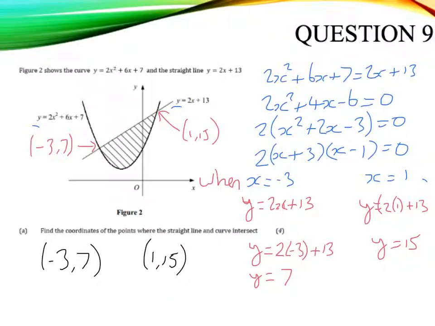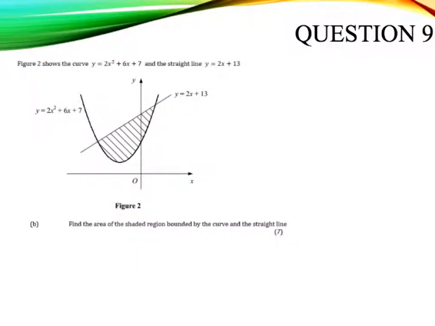When you've done the work, it's always worth looking back on the picture just to see if it makes sense. This makes sense that this is minus 3, 7. This point along the y-axis and this point up here could be 7 and 15. The scale's about right. This could be minus 3 and this could be 1. Again, the scale looks relevant, so there's no reason why these values aren't right. Minus 3, 7, 1, 15. Let's move on to the next part.